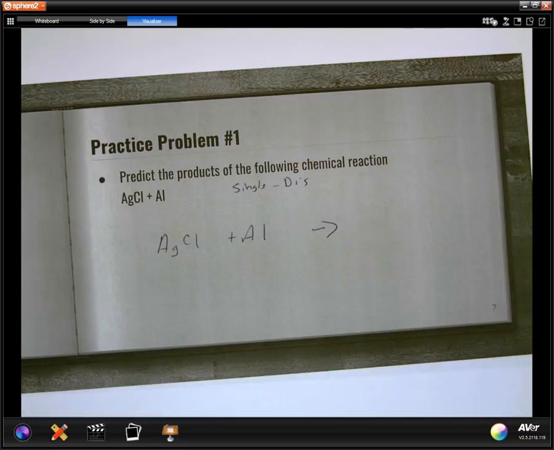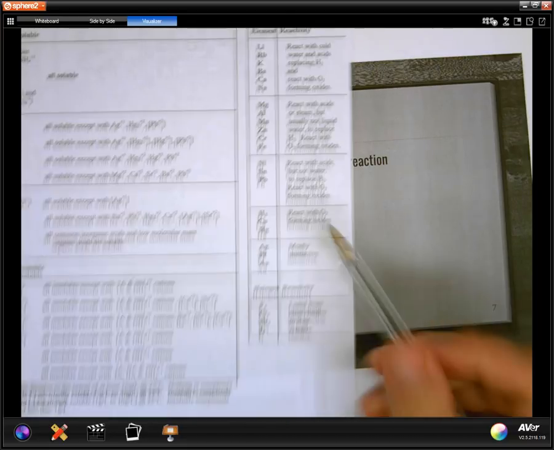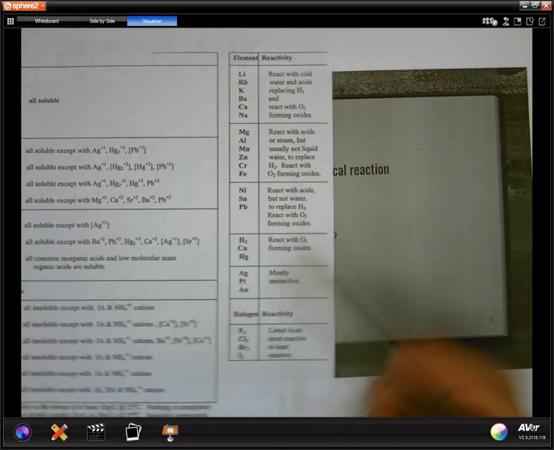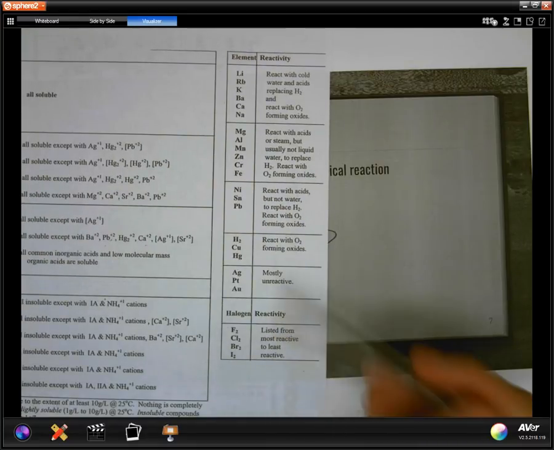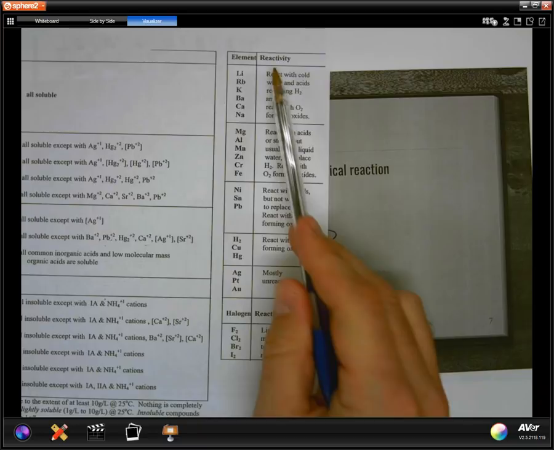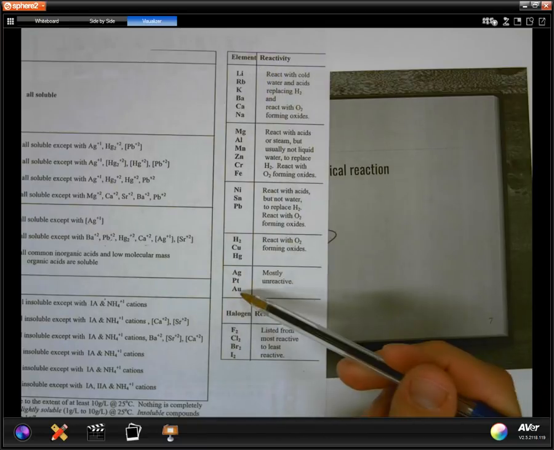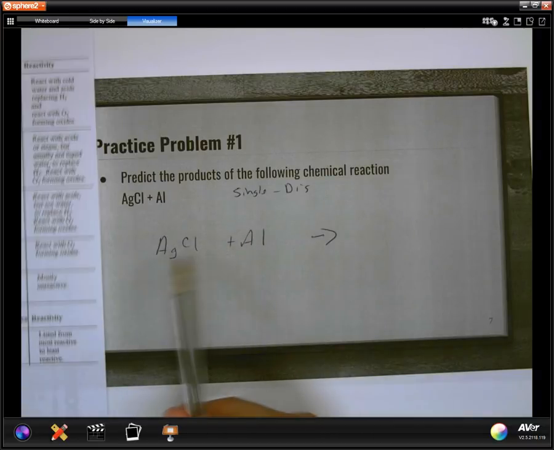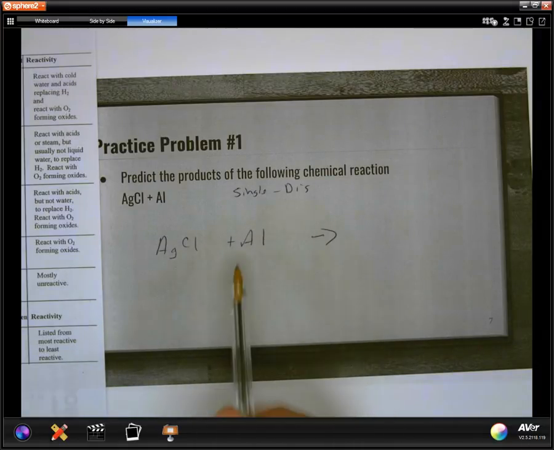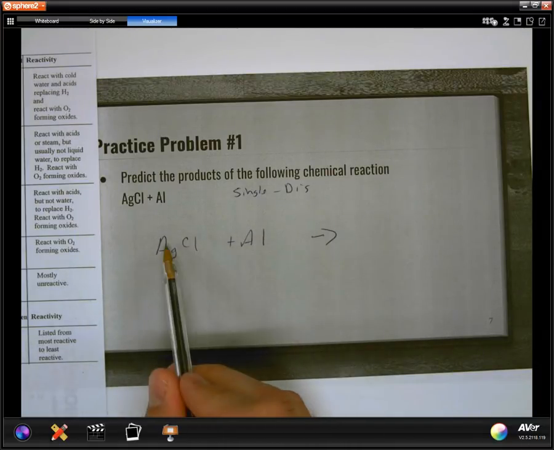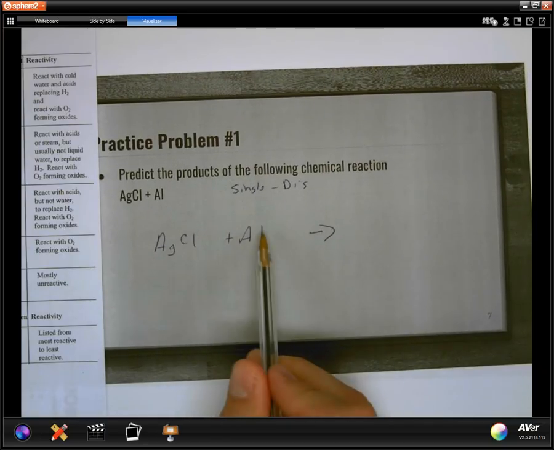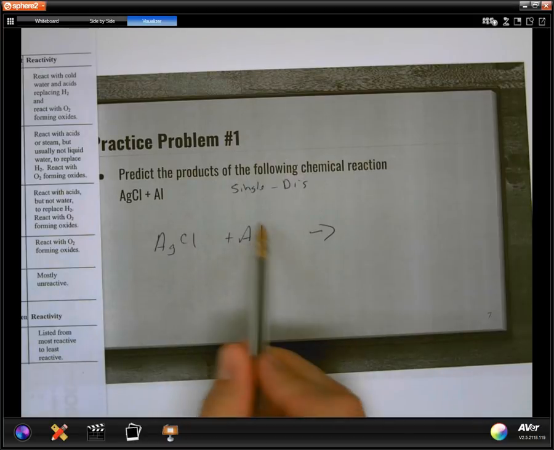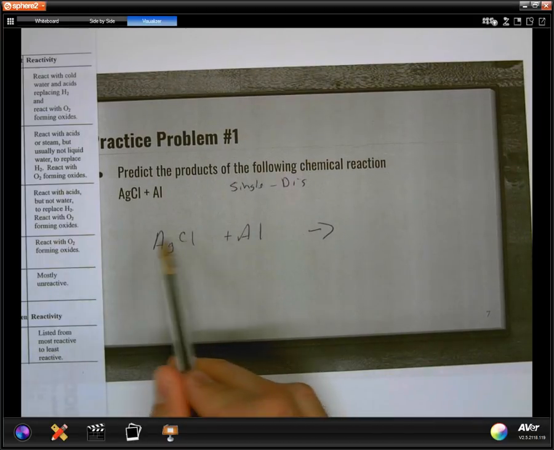Now, in class, I gave you what's called an activity sheet. This activity sheet is kind of like a rating scale of who is super reactive and who is not reactive. Think back to when I told you to memorize how a single displacement reaction occurs. It's like a couple is at a pizza joint and some studly guy walks in and he steals that guy's girl. Well, what is going to allow this guy to steal this guy's girl?